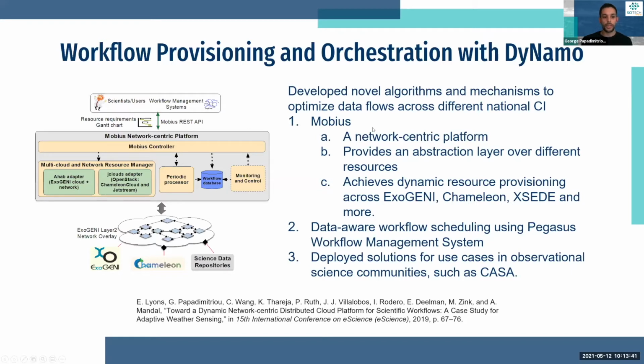So scientists would create Pegasus workflows, and then by using an abstraction layer that we call Mobius, they could interface and interact with multiple scientific clouds, such as the Exogeny Testbed, Chameleon, and other repositories. So that way, CASA was enabled to use data-aware workflow scheduling, and also expand on multiple locations around the US.